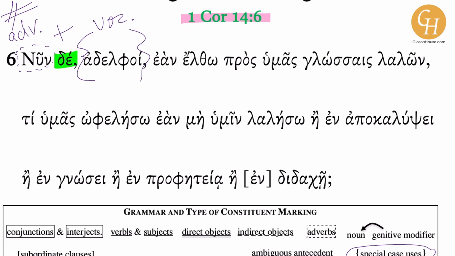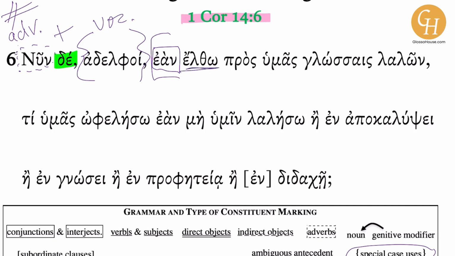So then, brothers, or next, siblings now. And then he says, ean eltho pros humas glossais lalon. So ean is starting a subordinate clause. I put a bracket in front of it. Ean is a connector, a subordinate connector. Ean is a conditional particle, ei plus an, ean.